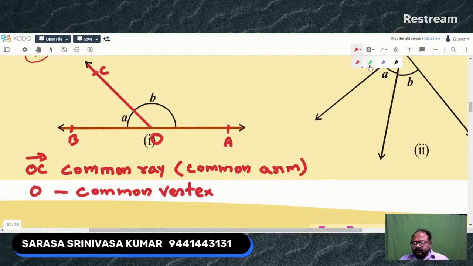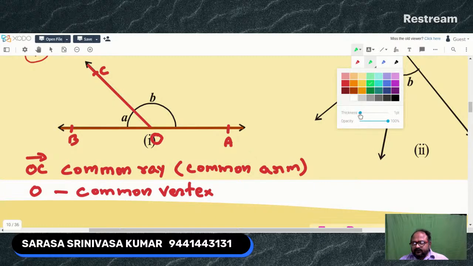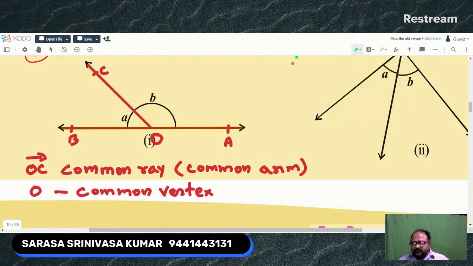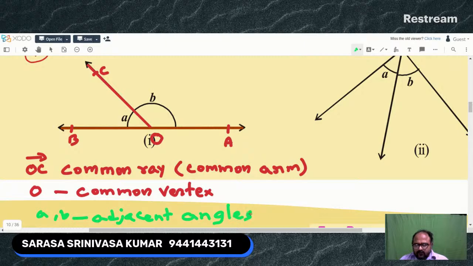By the definition of adjacent angles, you can say that angle A and angle B are adjacent angles. This is the first observation.